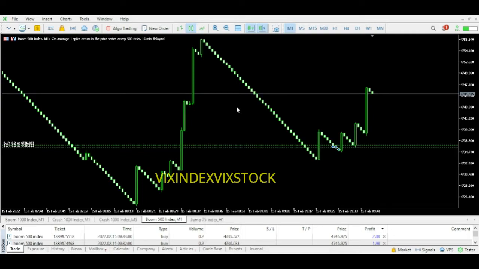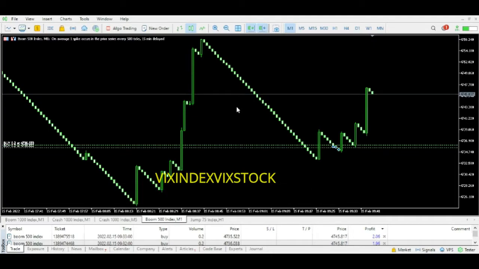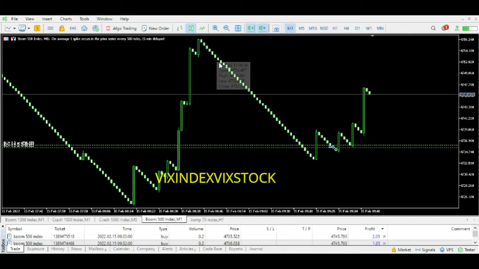It's possible if you have enough experience to grow that account, but for many beginners, they don't know what they are doing. So once these reversal candles actually come in, this is where you are going to be losing money if you are in buys.